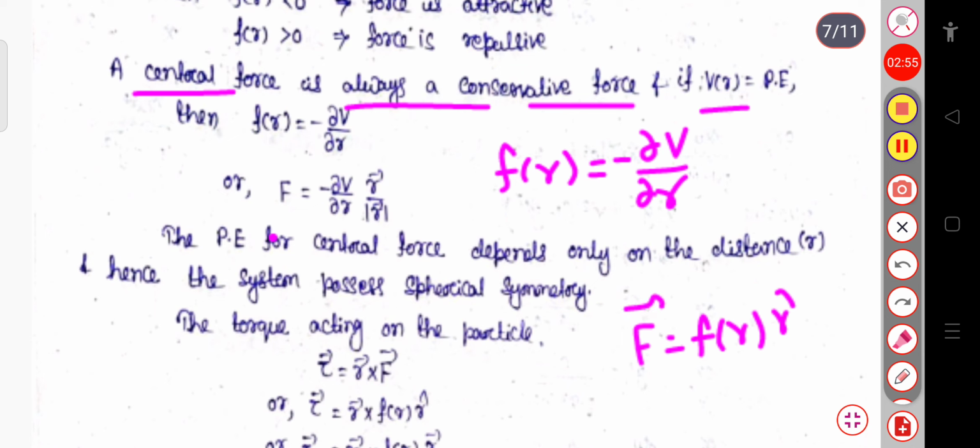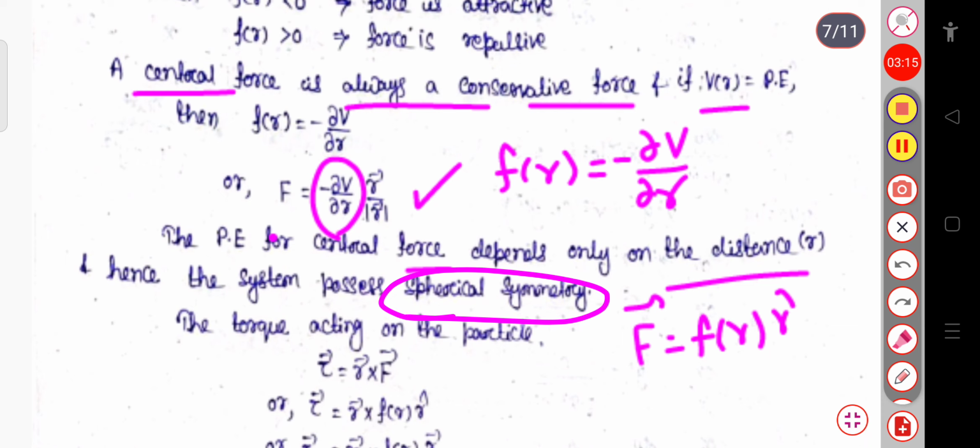So in place of small f of r, you can write minus dou V by dou r, and you know r cap equal to r vector by r magnitude. So the potential energy for the central force depends only on the distance r, so the system possesses spherical symmetry.